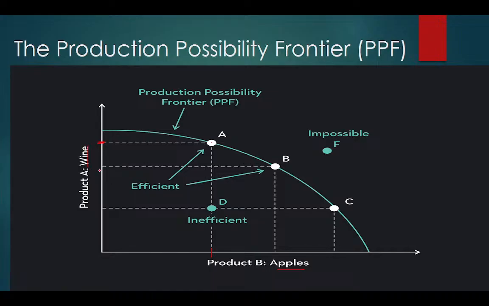At point B, the economy is comfortable doing that much of wine and this much of apples. And at point C, the economy is again pretty comfortable doing that much of wine and this much of apples.